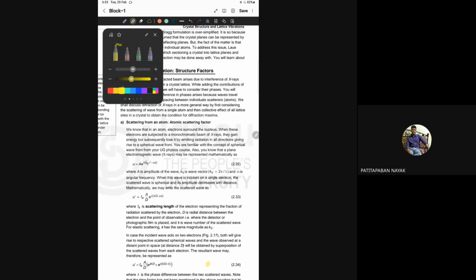So let's start with Laue formulation, something called structure factor. So what is it? According to Laue, the diffracted beam arises due to interference of X-rays scattered by all atoms in a crystal.